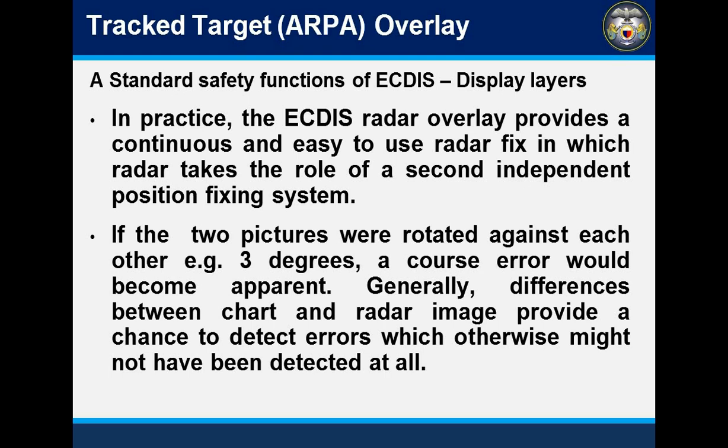Generally, differences between chart and radar image provide a chance to detect errors which otherwise might not have been detected at all. So the radar overlay and the chart are compared, and the difference could indicate an error of the position of our ECDIS.